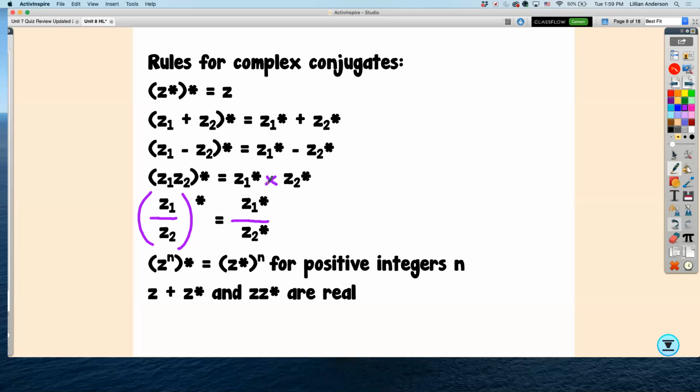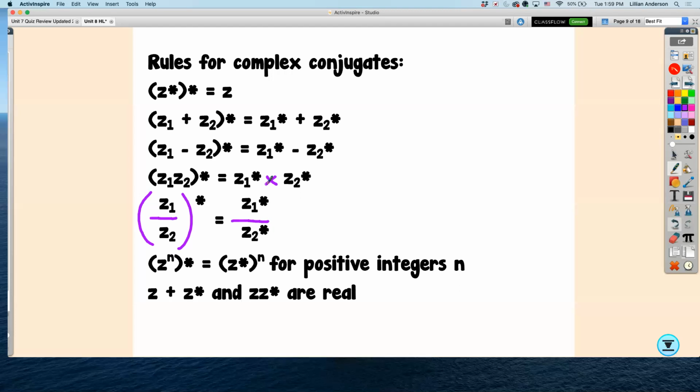When you multiply two complex numbers and you want the conjugate, you essentially just multiply the two conjugates together. Division, divide the conjugates. It's the same thing whether you raise a complex number to a power and then apply the conjugate, just like it would be to take the conjugate and apply it to that same power, for all positive integers of n.